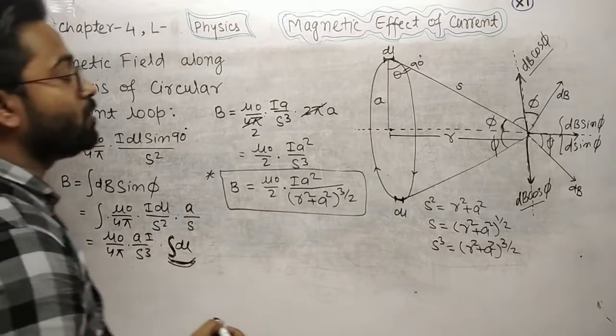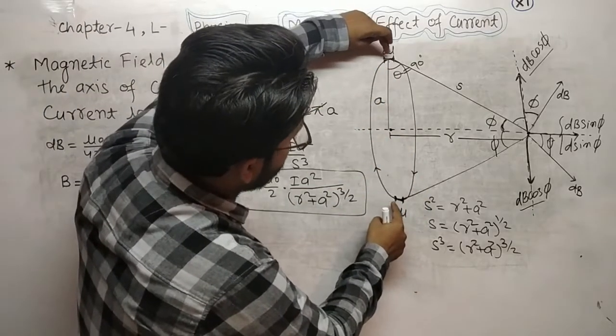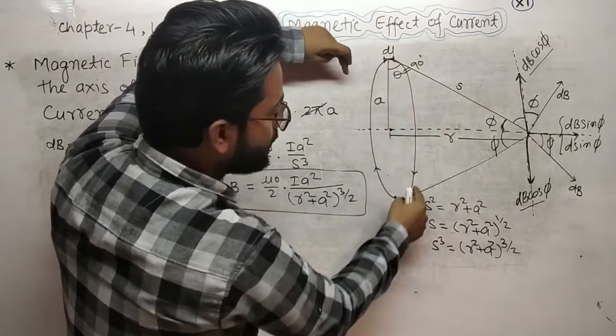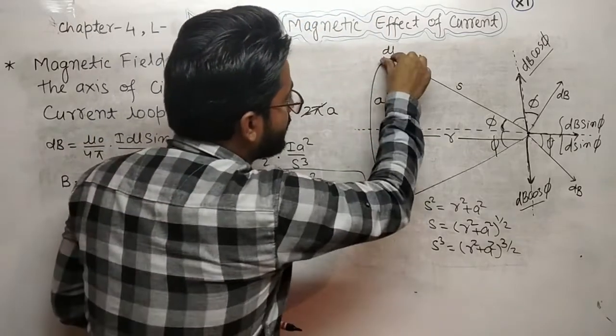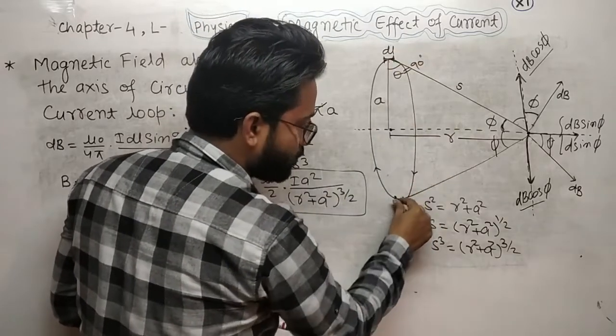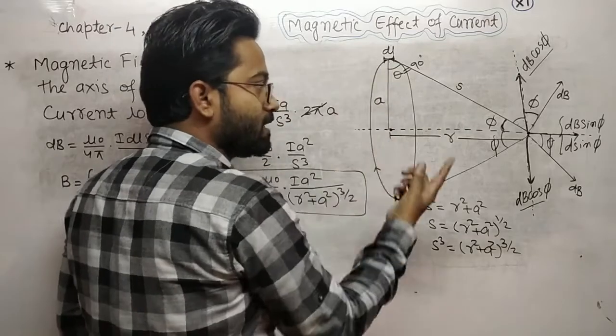this dl, you will have what? Both are rotating. This is rotating in this direction and this is rotating in this direction. This dl will rotate half a cycle, and this will rotate half a cycle.